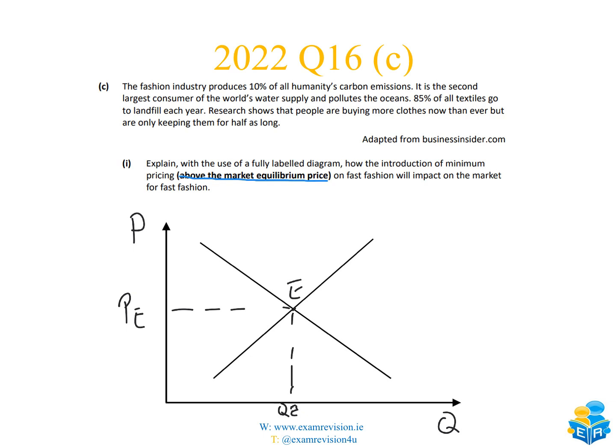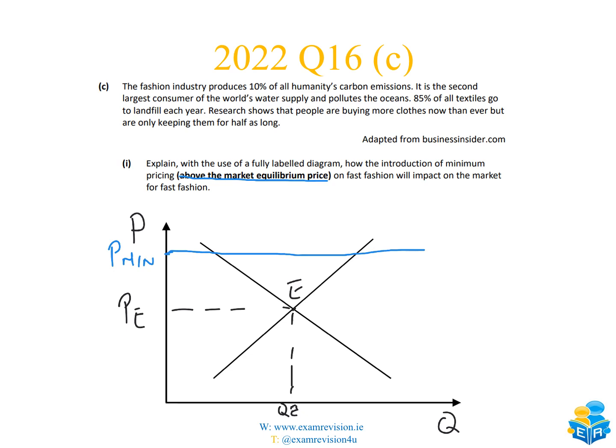So pick somewhere fairly high above price equilibrium, so you have a nice bit of space to work with. So I'm going to pick here, and we call that P min, the minimum price. And you're going to go straight across there, and obviously we draw a ruler. Okay, and that's your new minimum price.